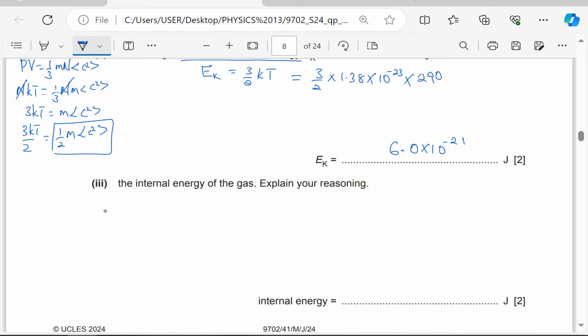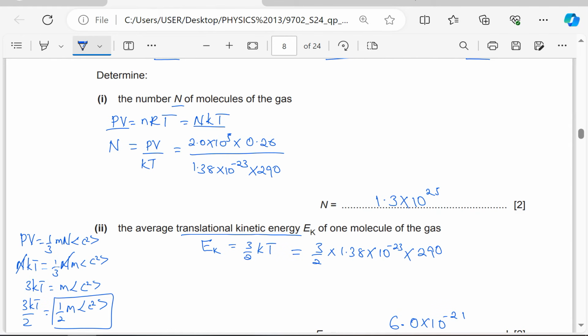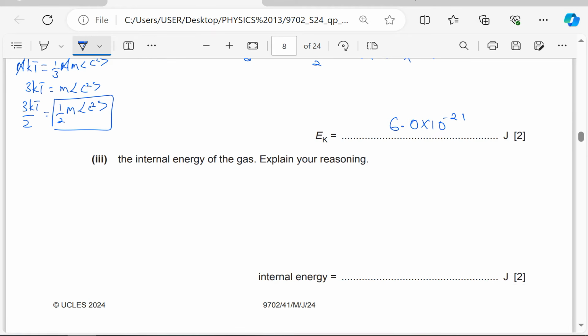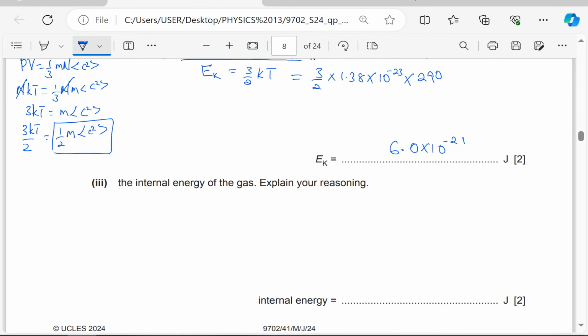The internal energy of the gas, explain your reasoning. So we want to find the internal energy of the gas. By definition, whether the gas is ideal or not, we know that internal energy is going to be equal to the total kinetic energy plus potential energy of all the molecules, because it's for the whole gas.